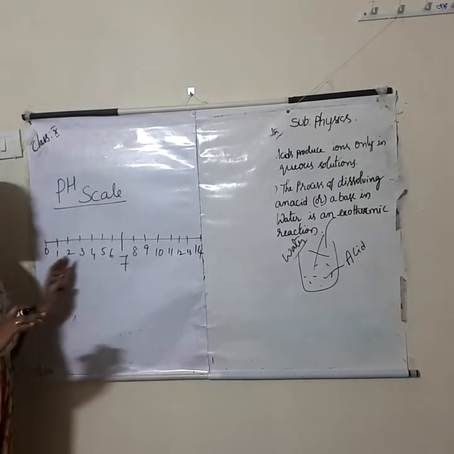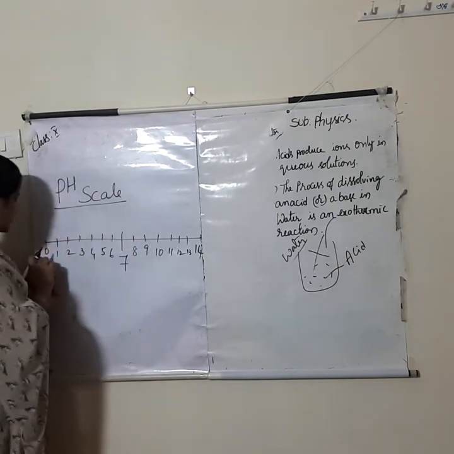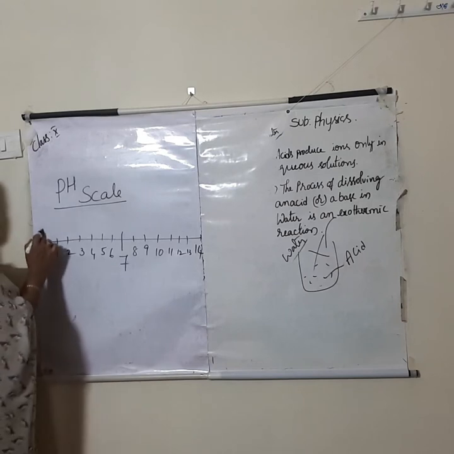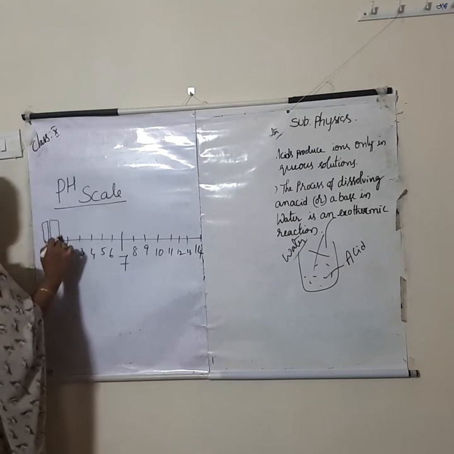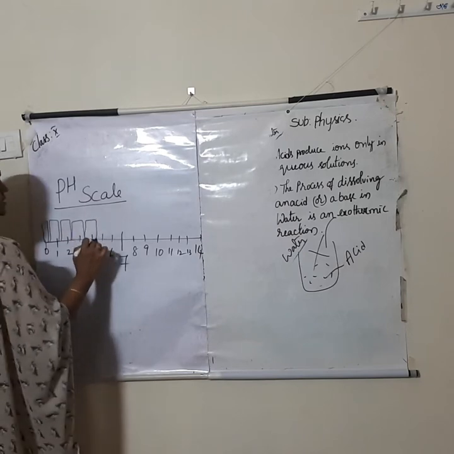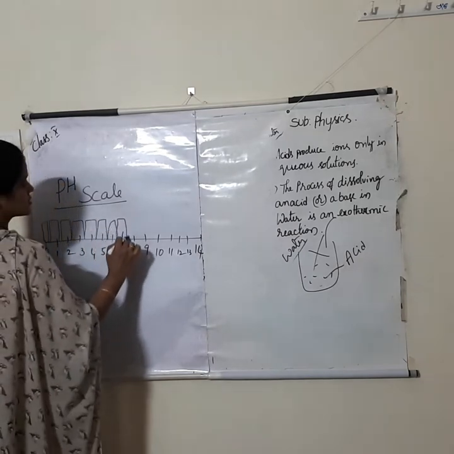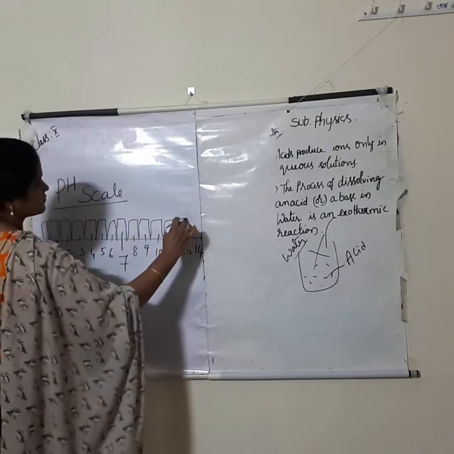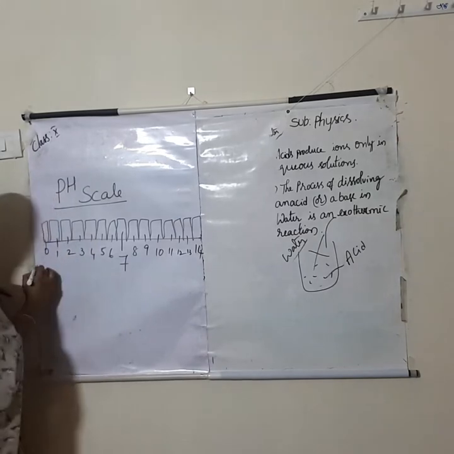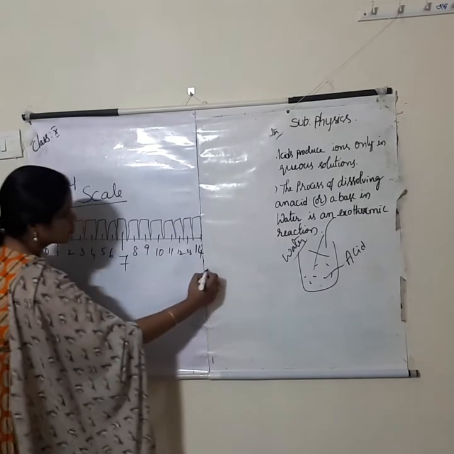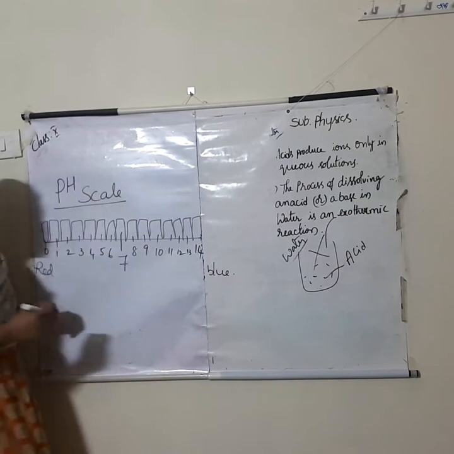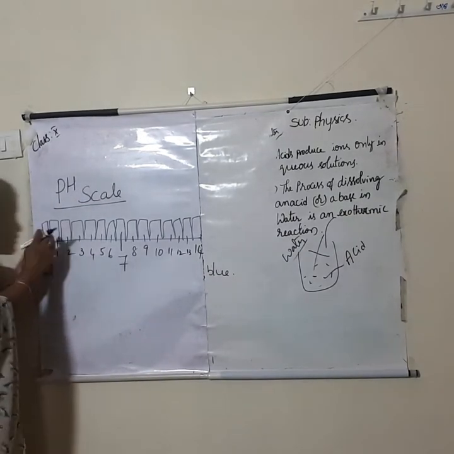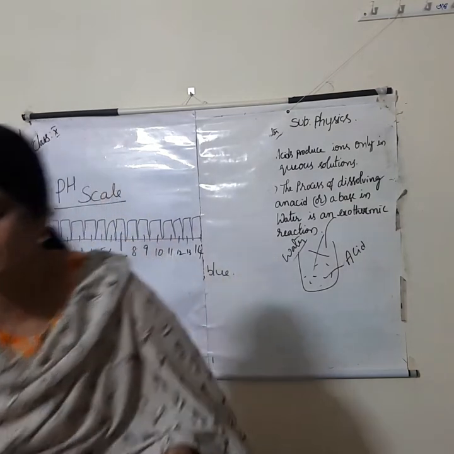Like this, the scale has values from 0 to 14, and each value represents a different color, like red to blue. First it has a dark red, otherwise the redness. In our textbook, that picture is given.